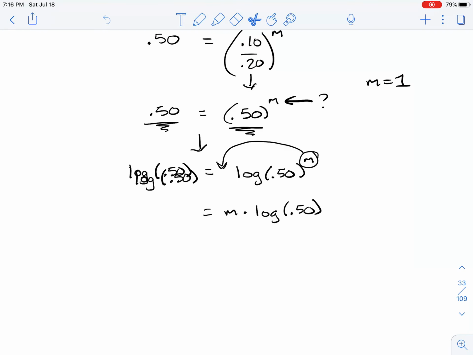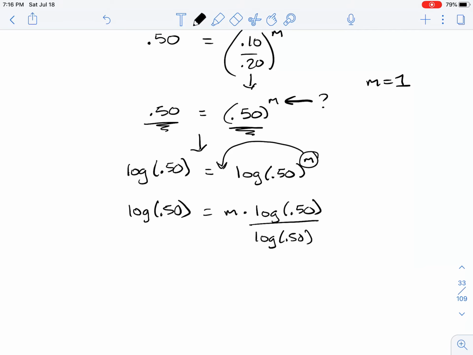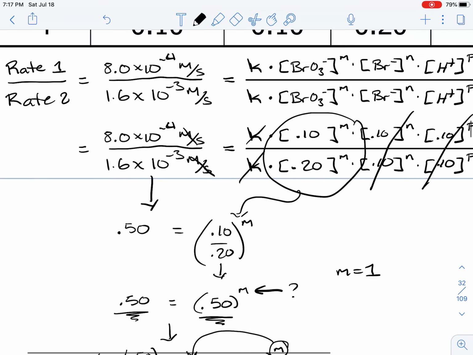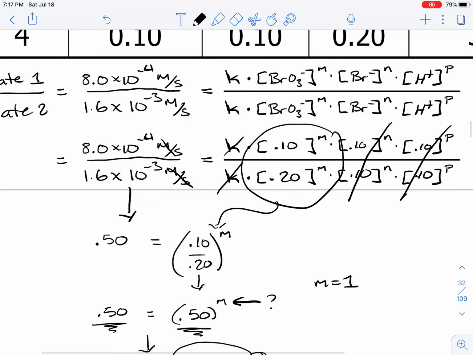So here I have log of 0.50, log of 0.50. And so if I divide log of 0.50 on both sides, and I plug that into my calculator, the value of m that I'll get is equal to 1.